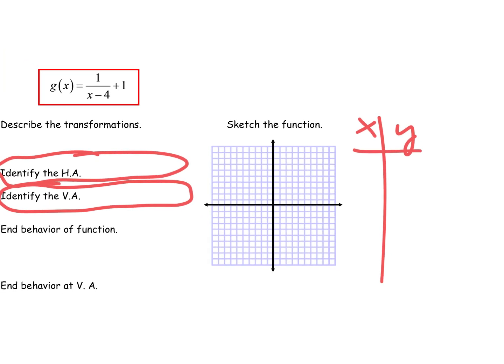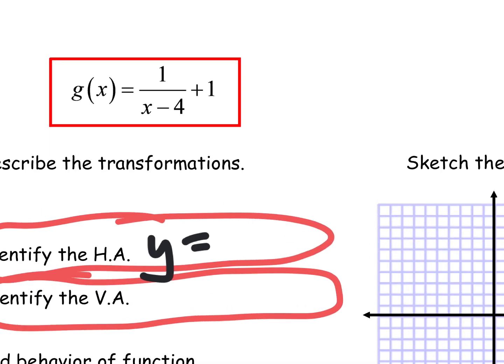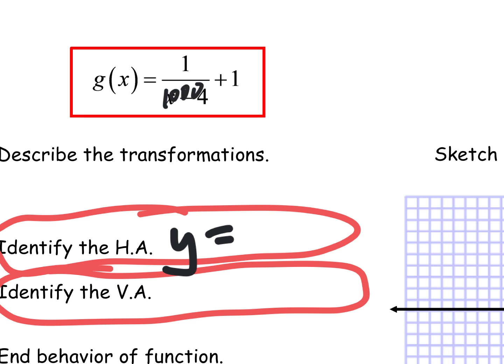The horizontals, that's the y equals things. And how do you get those again? Jaden, how do you get the horizontals? 1,000 things. So if we put in 1,000 here, what's this pretty much? 0 plus 1. Final answer? Y equals 1. Cool. All right, the verticals.